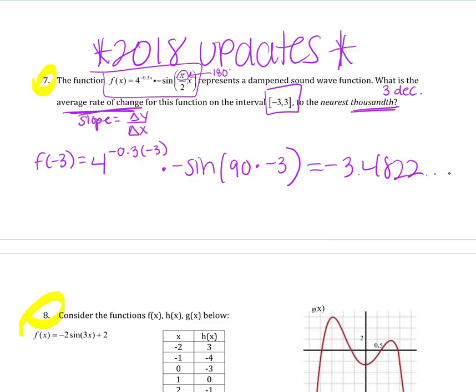Dot, dot, dot. Okay? So what this tells me is my first coordinate that I know is -3, comma, -3.4822, dot, dot, dot. So that's my first x and y in my slope formula. I have to do the same exact process for 3.